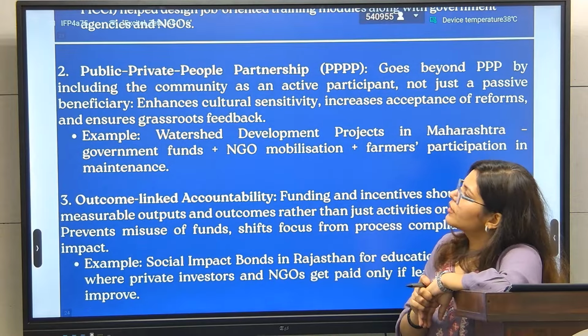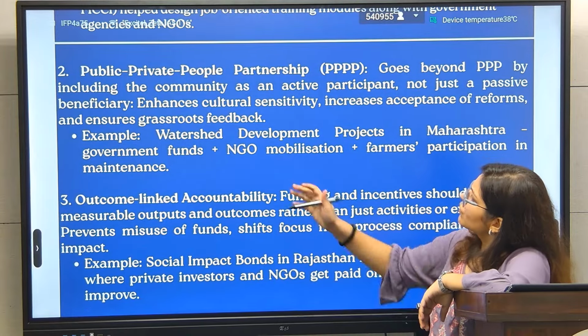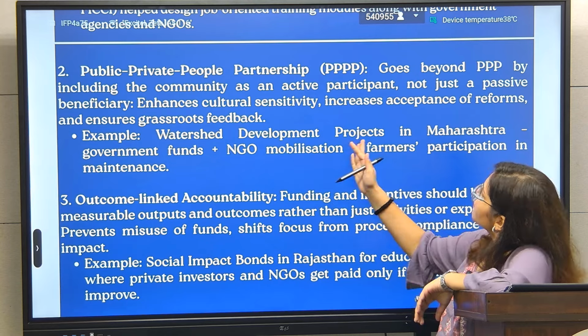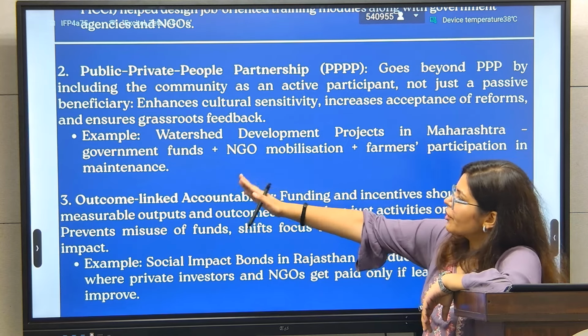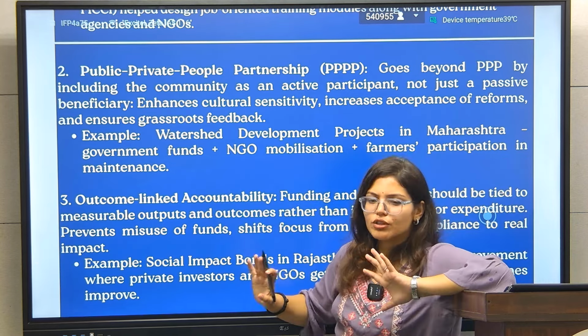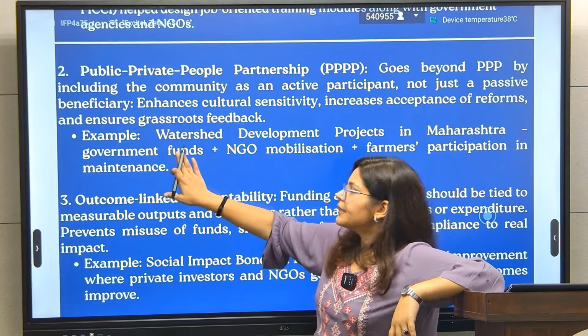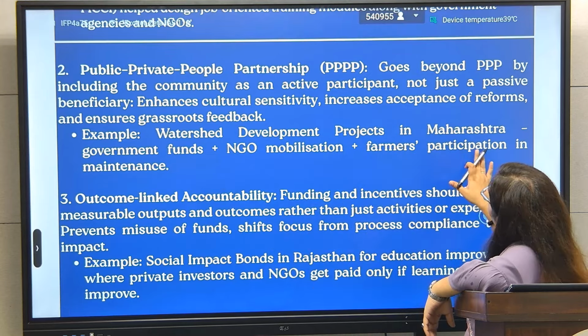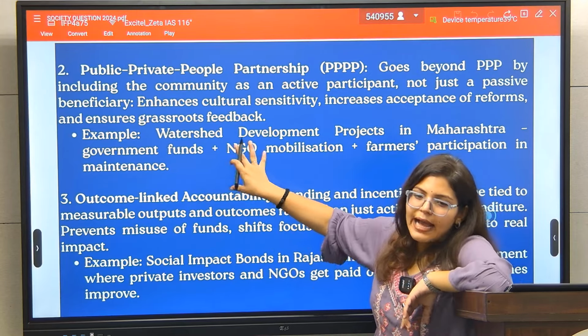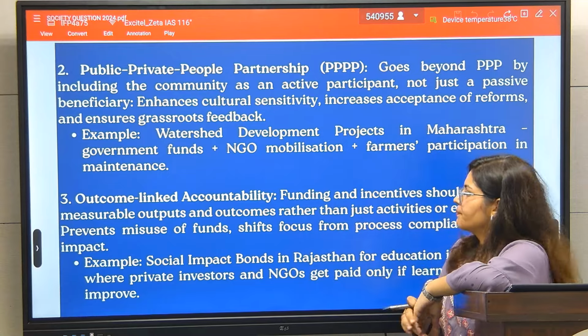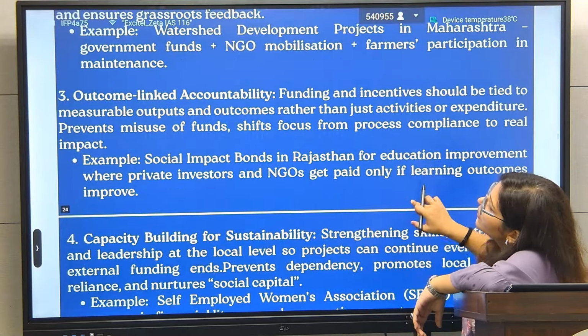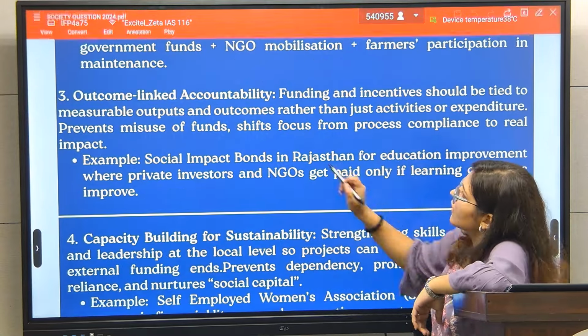The second productive model is PPP. So you can give the example of the watershed development project in Maharashtra. What happened in the PPP model? You all know that government funds, NGO mobilizes, and there is farmer participation in maintenance, and the private sector gives the technology. Third is outcome linked accountability.